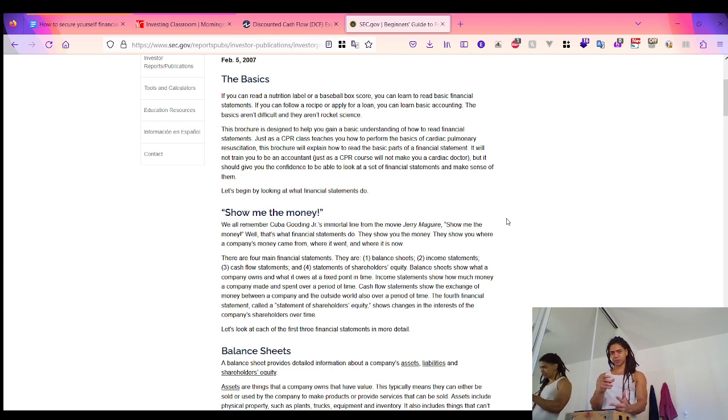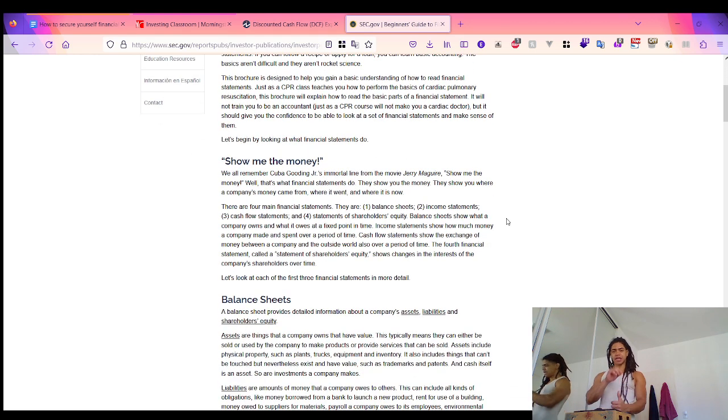The cash flow statement shows you the exchange of money between the company and the outside world, whereas the statement of shareholders' equity shows the change in the interest of the shareholders over a period of time. So I'm going to look at the first three financial statements. Balance sheets show you detailed information about the company's assets, liabilities, and shareholders' equity.